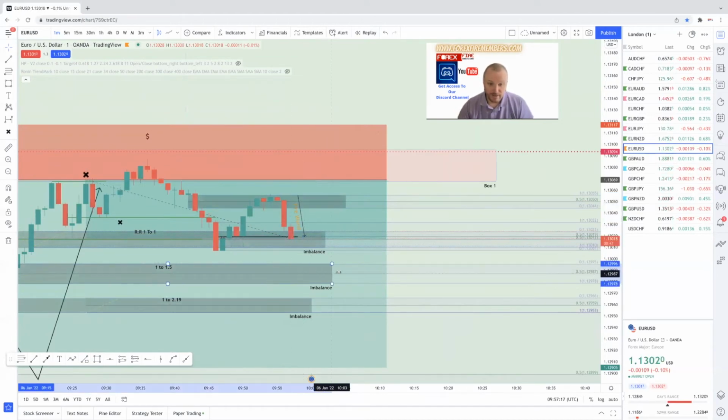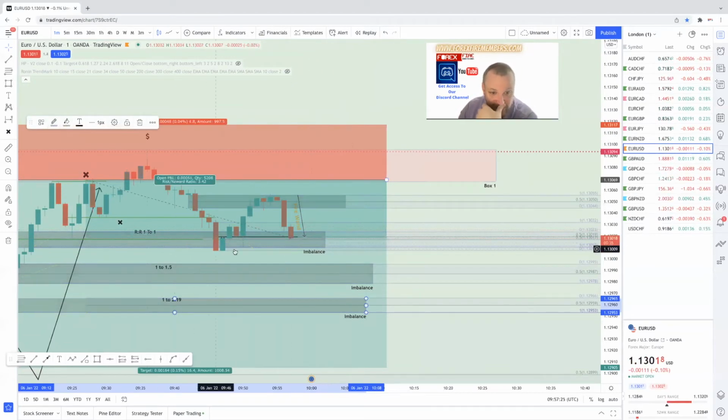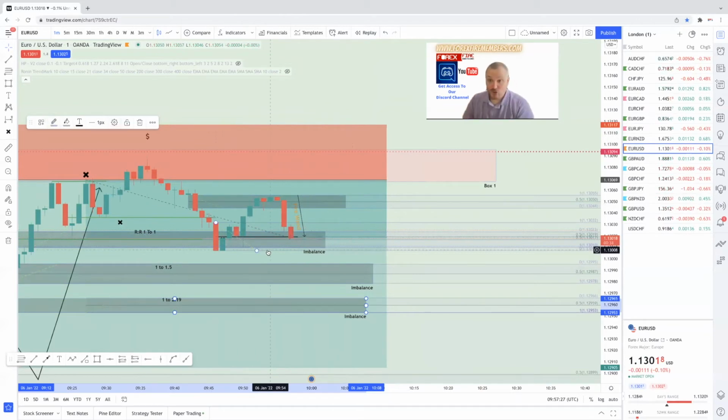Hopefully we might get this push down to the 1.5 area. We'll see. I still think it's going to be bouncing from this area here, to be fair. But it's showing you, you don't need moving averages, RSIs, or stochastics. Naked chart.